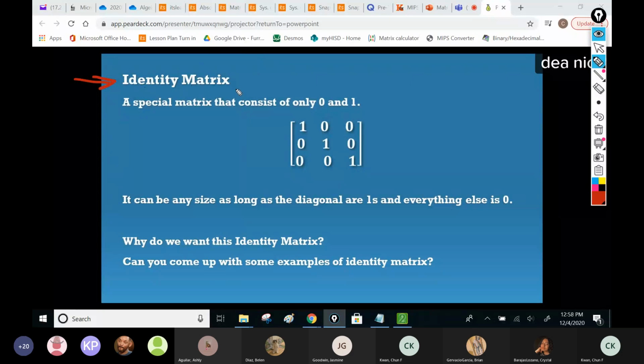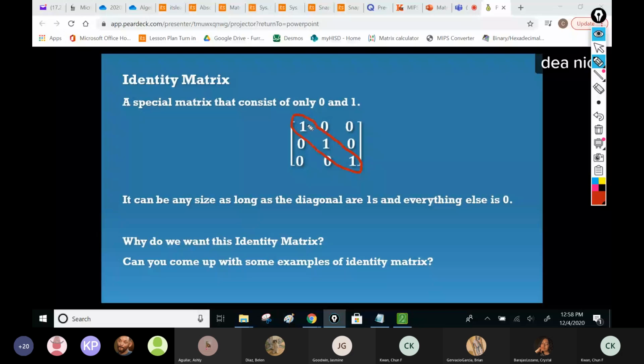The identity matrix is a very special and unique matrix that consists of only 0 and 1. If you look at it, the ones are right here, on a diagonal, right?